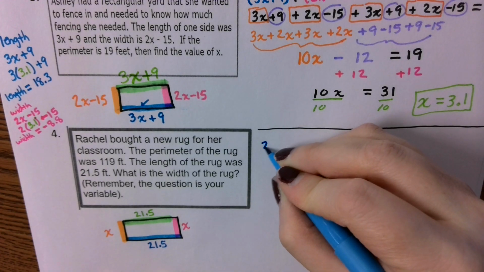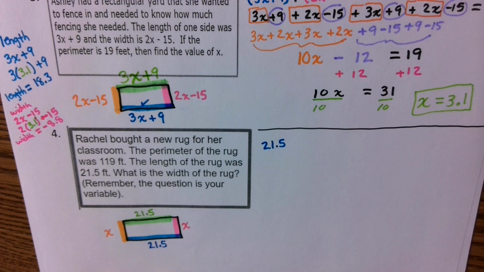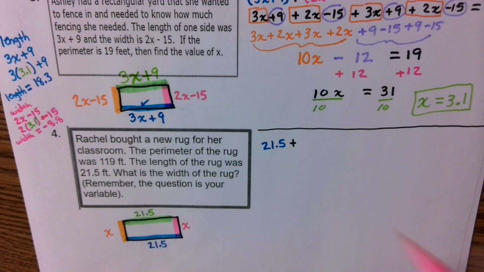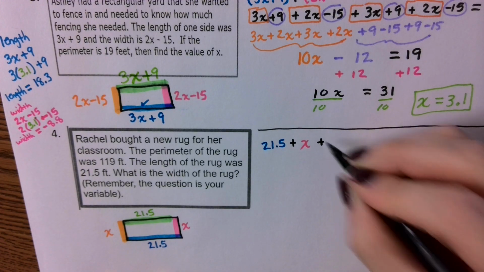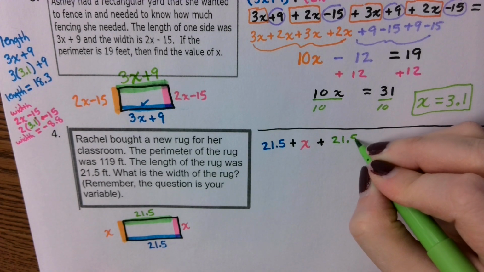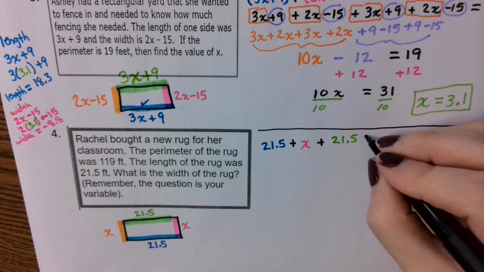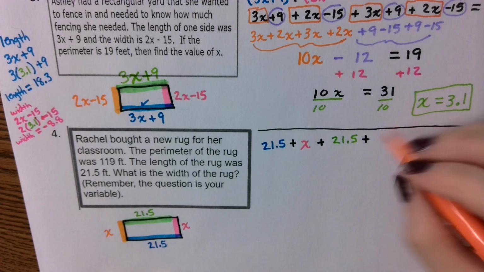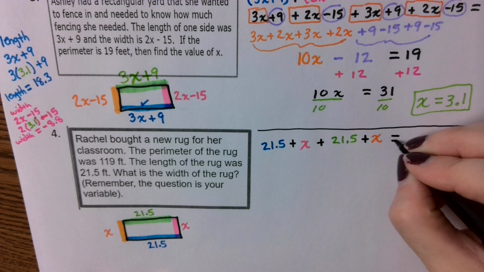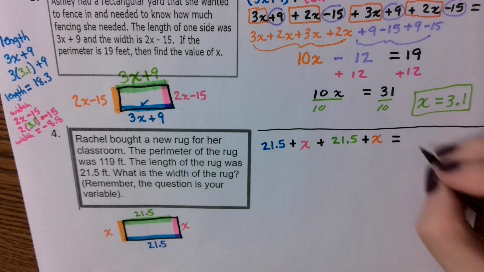We have 21.5 plus X plus 21.5 plus X again. And then it's equal to what? What is the whole perimeter equal to? 119.